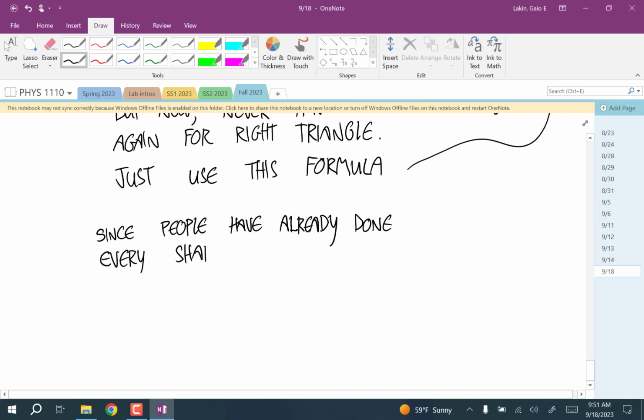Since people have already done every shape, we'll just use formulas for centroids from now on, and you won't have to do this. So I'm going to give you a chart of all the algebraic formulas for all the different shapes, and then you'll use that.